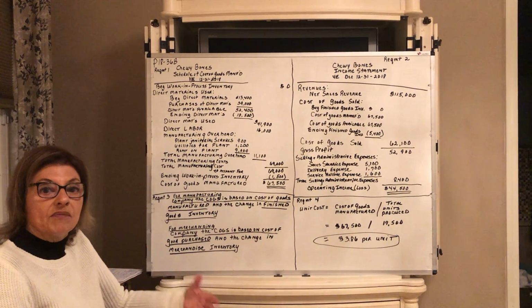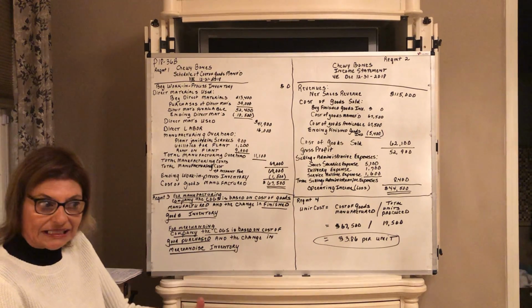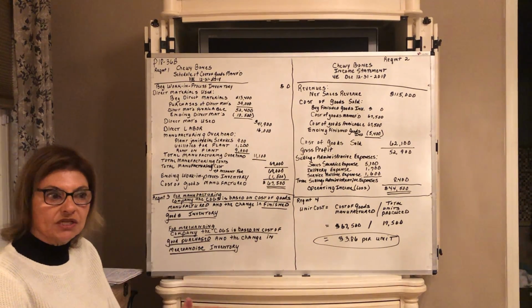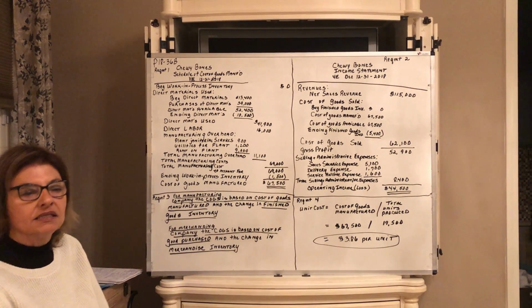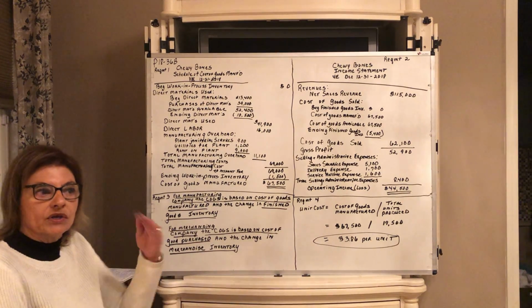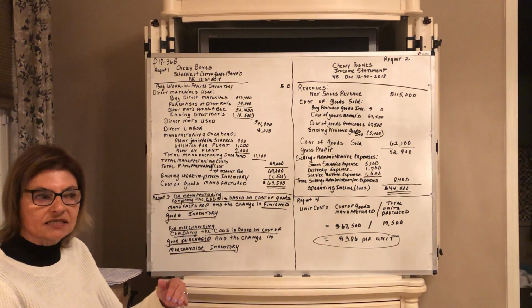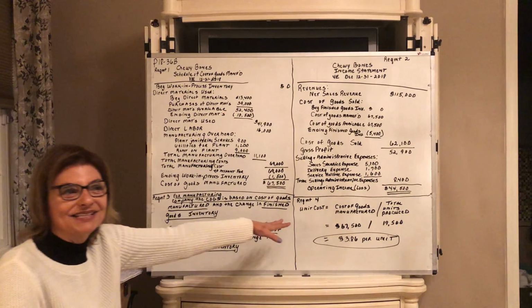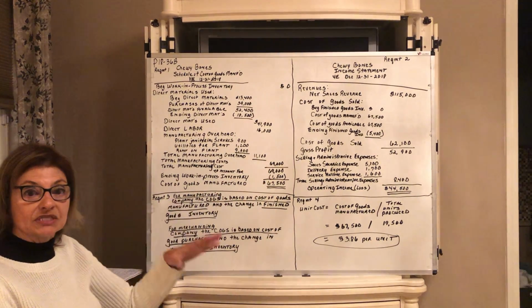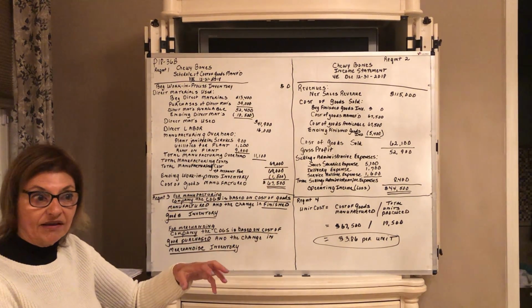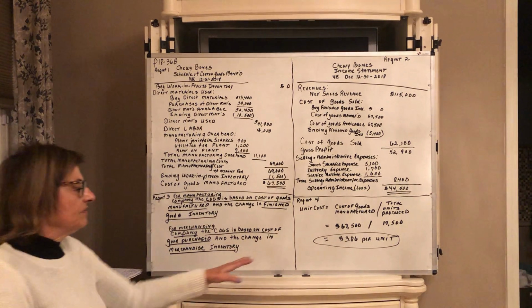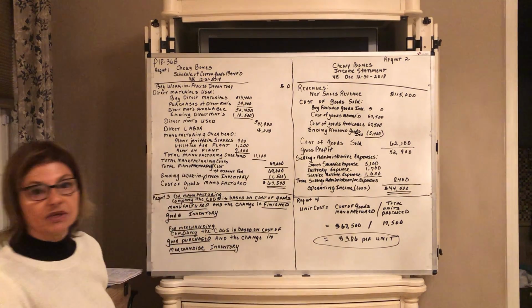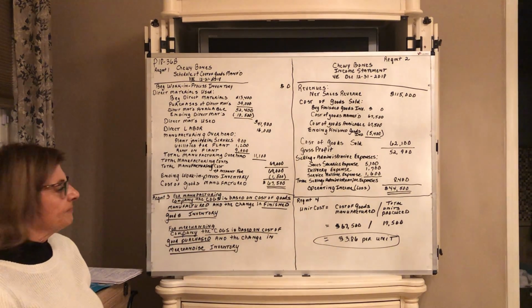Very important information for the people planning and checking their budgets and seeing if they're on target, how to improve on that cost, always trying to keep it as low as possible, because remember, they're going to sell these, and just like a merchandising business, they have to make a profit on it. So it's very important to know how much each one cost.